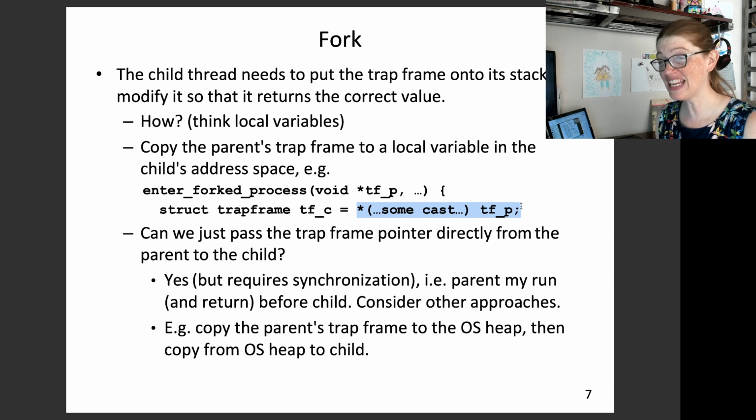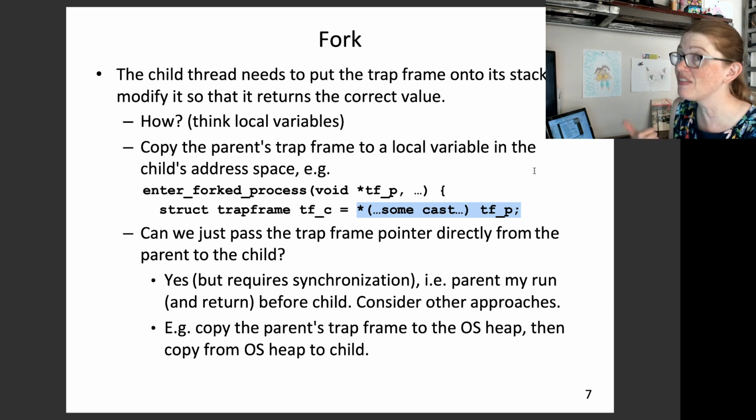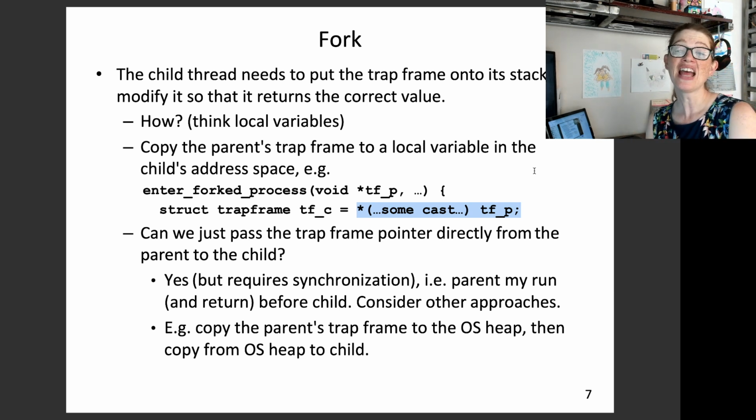But in reality, enter forked process may not actually execute until the parent process has returned from fork, thereby popping that trap frame off of its kernel stack and into oblivion, which means that at the time we call enter fork process, the parent's trap frame may not exist. And so we would be populating the child's stack with absolute garbage, and we don't want to do that.